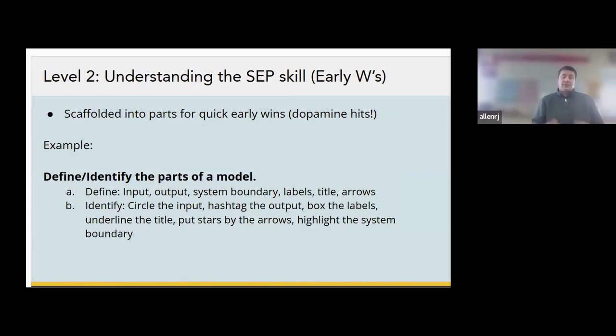Yeah, that increases motivation. But an example for modeling for SEP2, we said, well, the kids need to know with automacy what the words input, output, system boundary, labels, title, and arrows are. So that is the main thing that we want them to know. And we also want them to be able to identify those things in a model that maybe we create.